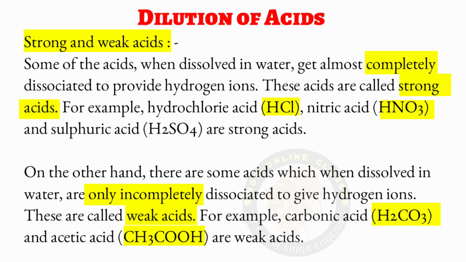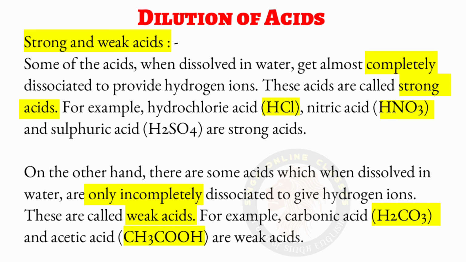Now next, strong and weak acids. The strength of an acid is determined by the amount of hydrogen ions that the acid provides when dissolved in water. Some of the acids when dissolved in water get almost completely dissociated to provide hydrogen ions. These are called strong acids.